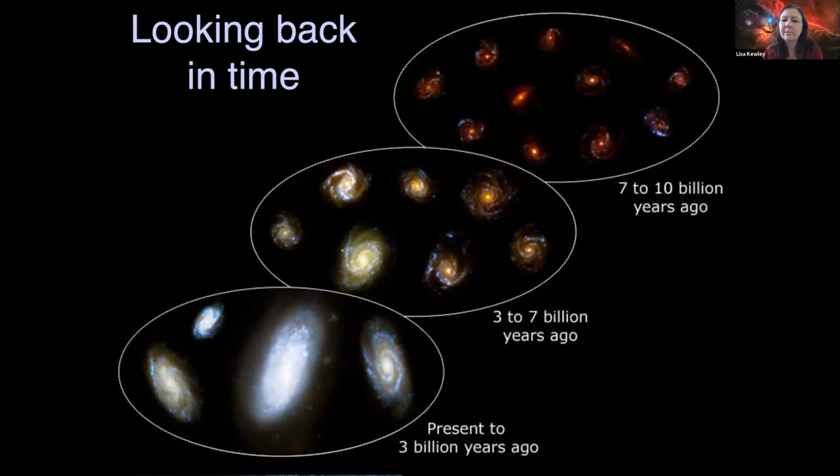So we're actually looking back in time 7 to 10 billion years ago. Those galaxies were very clumpy and lumpy. And then galaxies where the light took 3 to 7 billion years, so we're looking back 3 to 7 billion years ago, begin to look more like the Milky Way. They've got disks, they've got spiral arms, and then galaxies close by look much more like our own Milky Way.